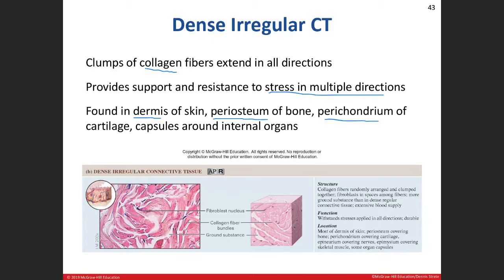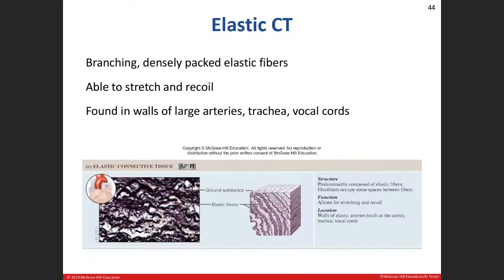So your kidney has a fibrous capsule around it. Your pericardium, which is the sac that holds your heart, has an outer layer they call the fibrous pericardium, and that is dense irregular connective tissue. Okay, so it can handle multi-directional stressors.